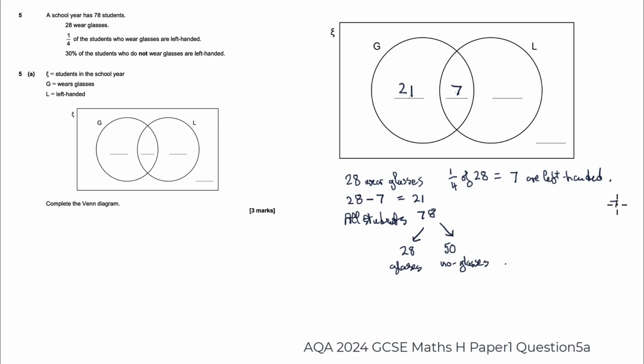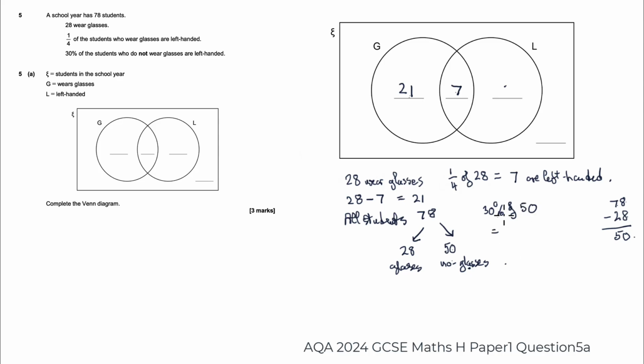If you like, you can set up your subtraction and do that. You'll get 50. So we know 50 don't wear glasses. 30% of them are left-handed. Now that'll be this number in here, left-handed but outside the glasses circle. So they don't wear glasses but they're left-handed. So we've now to work out 30% of 50.